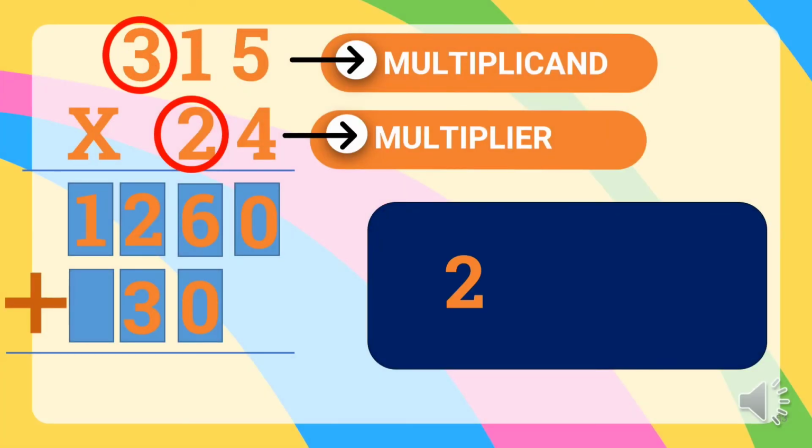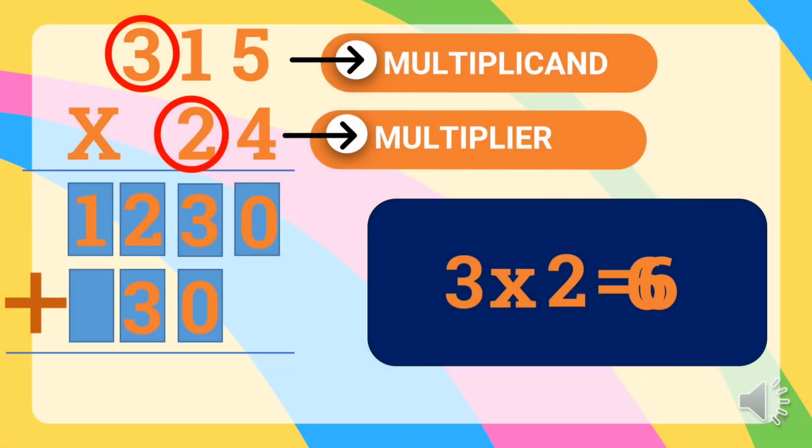So 2 times 3 is equal to 6. So therefore, 315 times 2 is equal to 630. And then 630 is our second partial product.